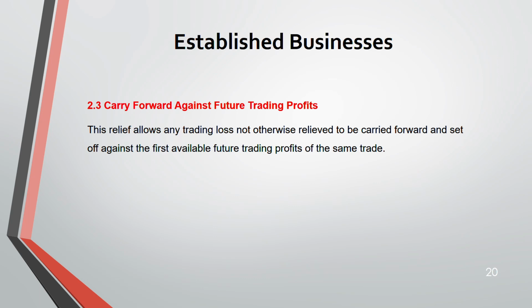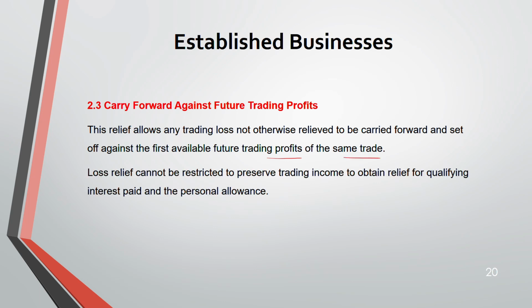So this relief, the remaining ones which you couldn't relieve, the unrelieved, are now being carried forward and set against your first future trading profit of the same trade. In this case, when you're carrying it forward, you can't restrict it to preserve your trading income, okay? So you can't preserve it for your qualifying interest paid and personal allowance.